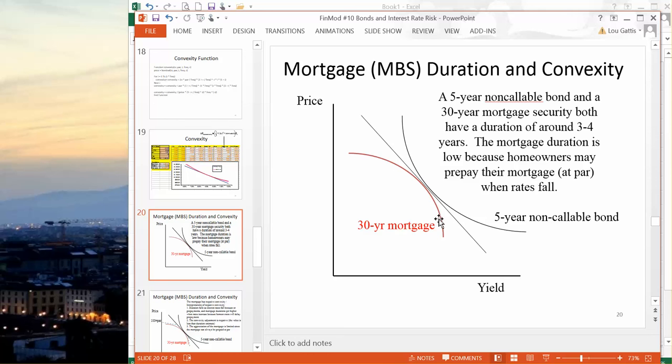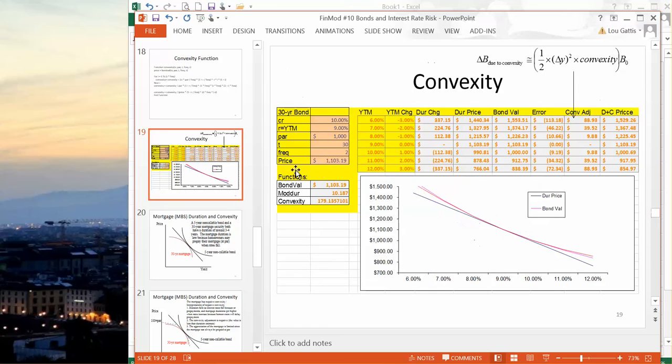For a mortgage, if we were to graph the price-yield relationship, we also have an inverse relationship between price and yield. And a 30-year mortgage has about the same duration as a 5-year non-callable bond. Now the reason is that even though it's a 30-year instrument, it's not going to have the duration of a 30-year treasury, which we said was about 10 years given this yield and this discount rate.